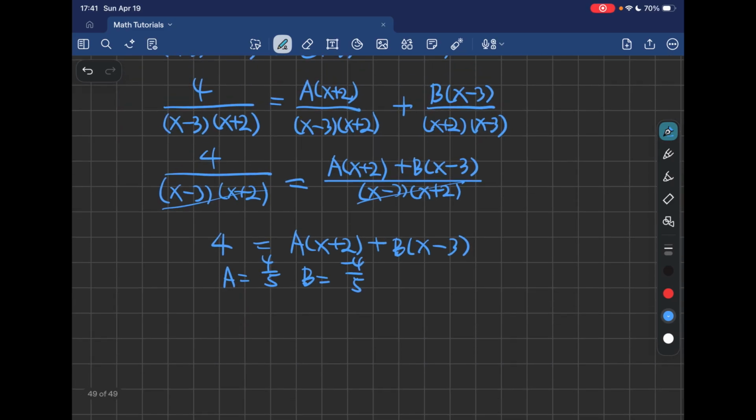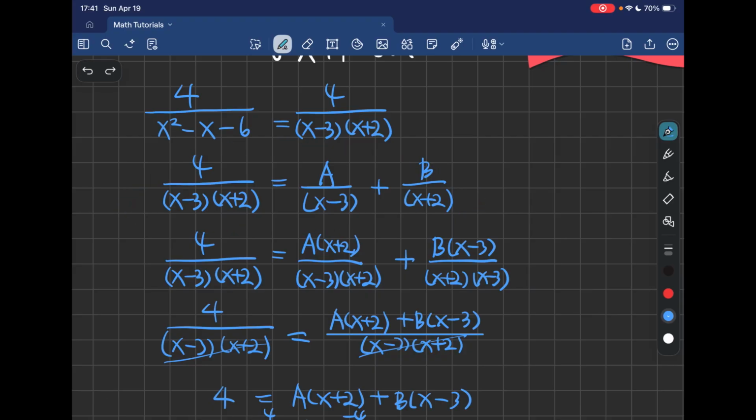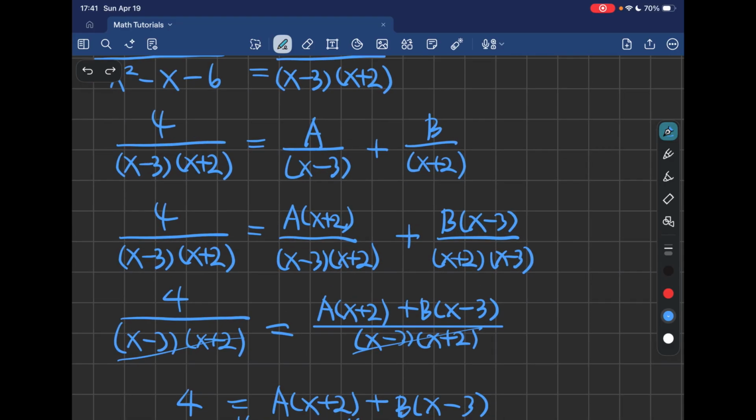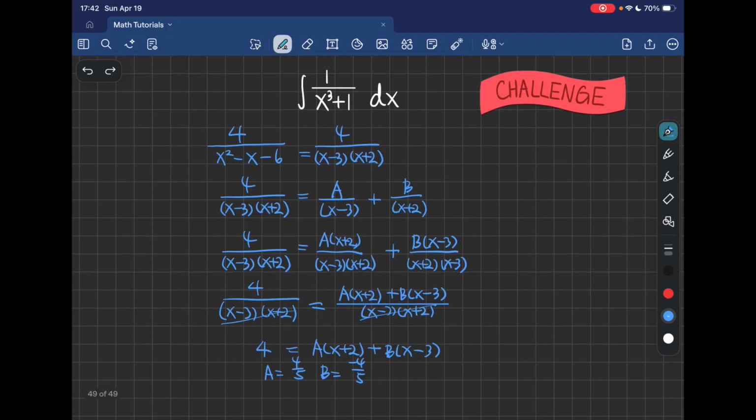So you find the a and the b that satisfy this relationship. That will make this polynomial simpler, into something like x plus or minus something. So that's how the basic partial fraction decomposition should look.